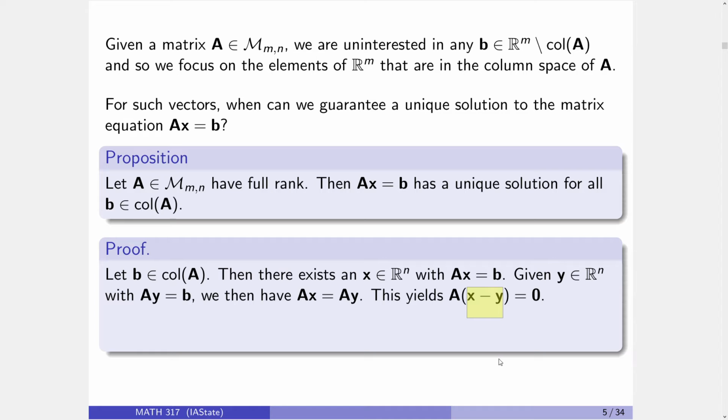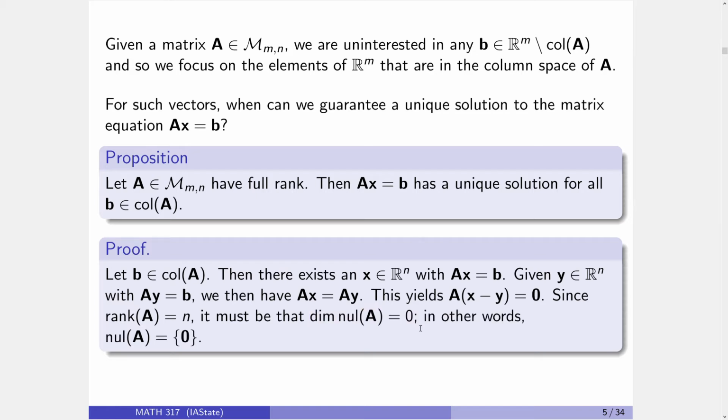And now you've got, oh, hey, x minus y must belong to the null space. But by assumption, we have full rank, and as we've discussed, full rank happens only when the null space is trivial. So, hey, since x minus y must live in the null space, it must equal 0, which means x must equal y. So yes, we are actually allowed to cancel A here. The full rankness of the matrix lets us get away with that.